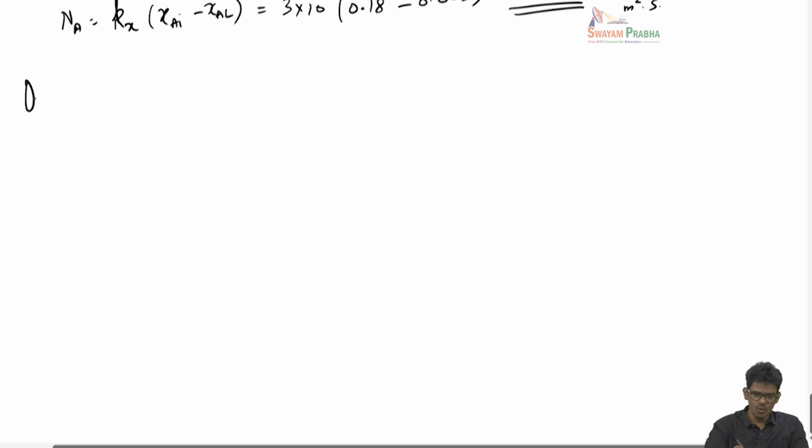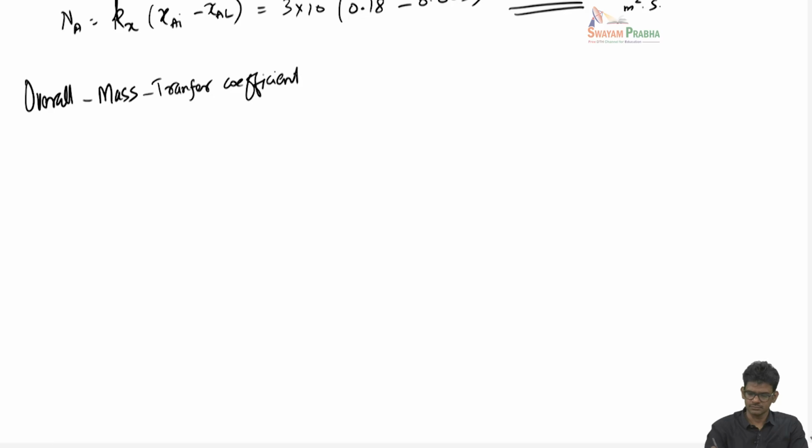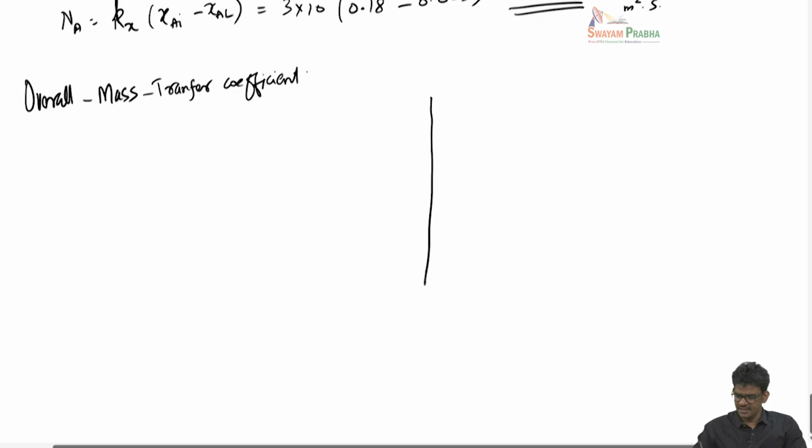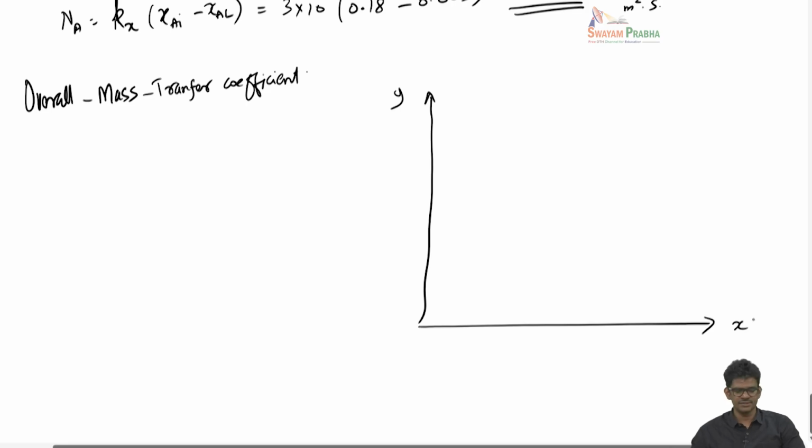This basically takes us to the definition of the overall mass transfer coefficient. So to illustrate this idea, let us again go back to the same plot. I am plotting y versus x mole fractions.